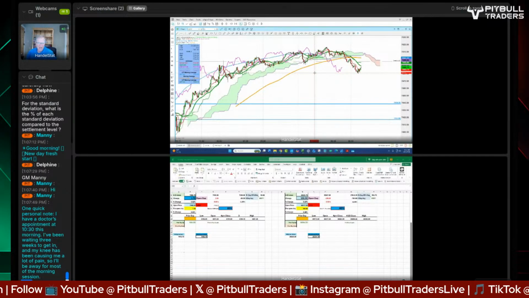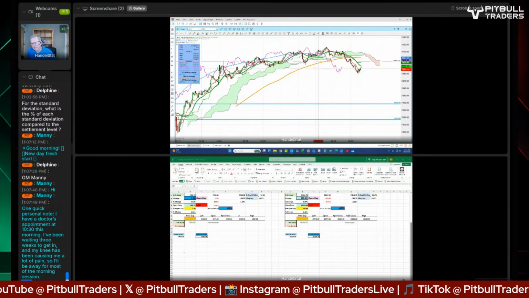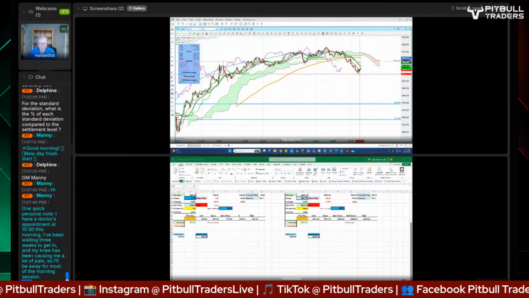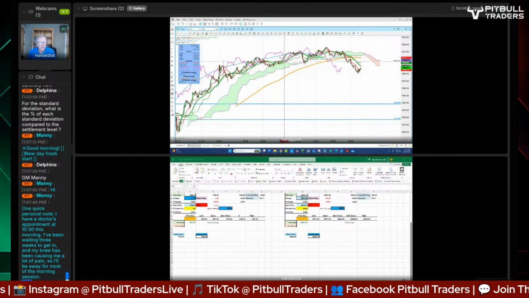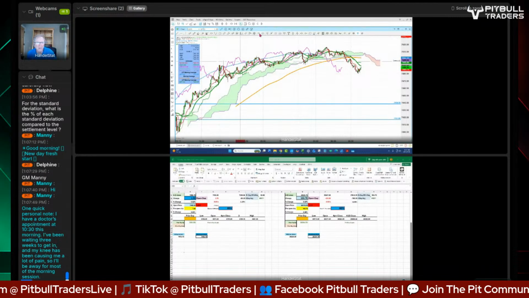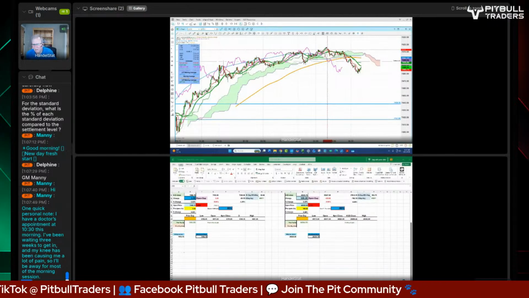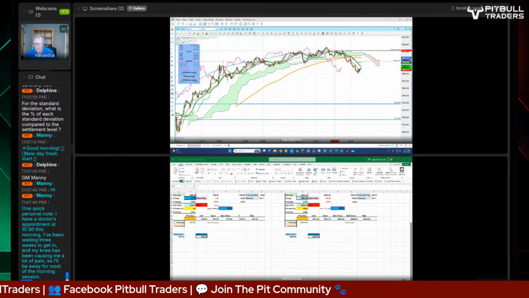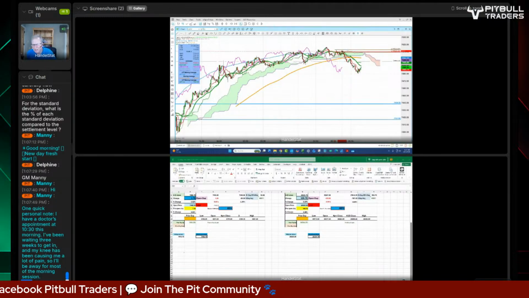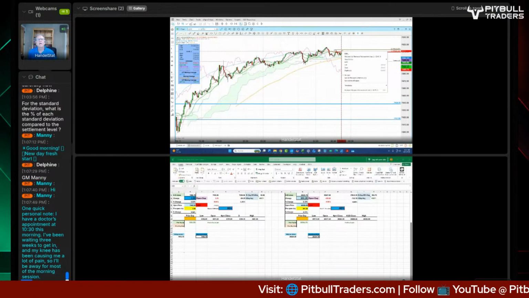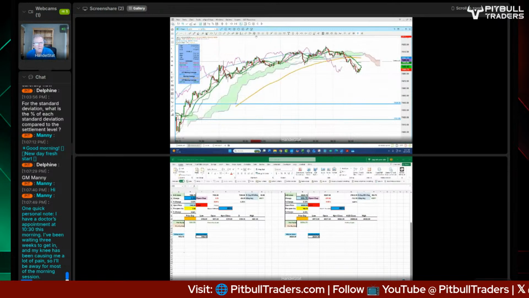Now, anyway, so I'm thinking that this ES looks like it should go down here and test this again. Yesterday was a big up day, so it wouldn't surprise me to see this trade down. And if it does, let's see. Let's X that, remove that, X that, because that's not where I wanted this from.